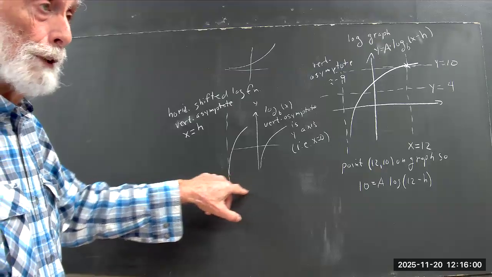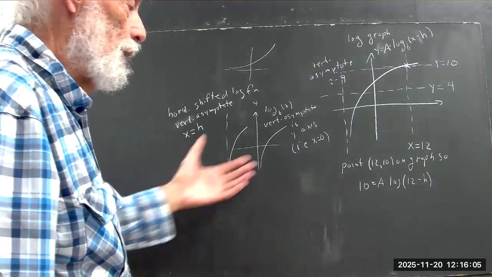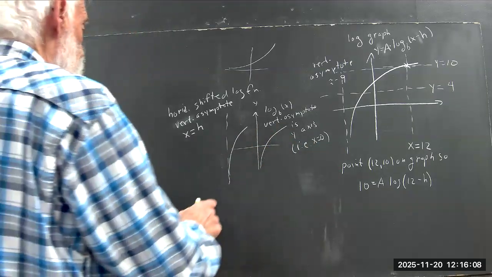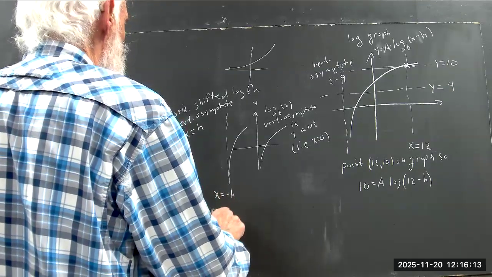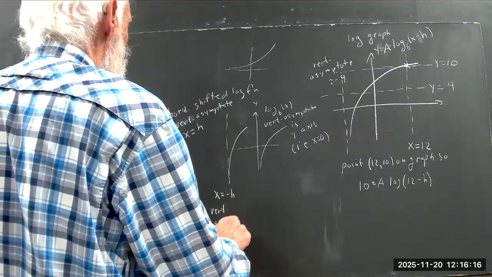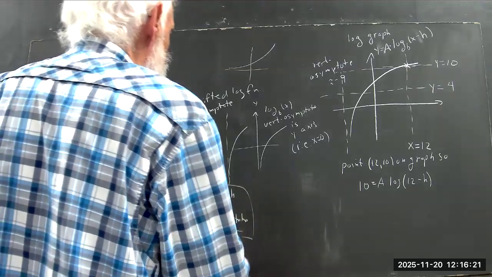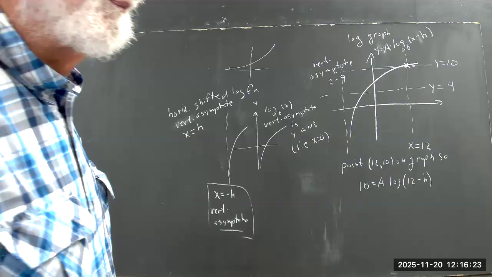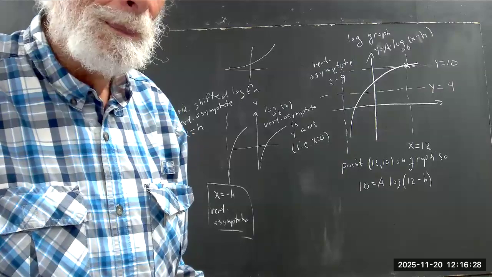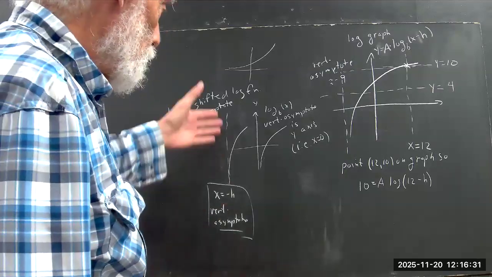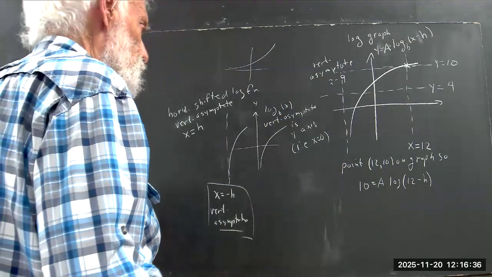Okay, vertical asymptote is h units, whether h is positive or negative, could be left, could be right. So on any graph you see, it's going to be either obvious or something you can estimate reasonably, the location of the y-axis. Okay, badly formed sentence there, but I think the meaning's clear.